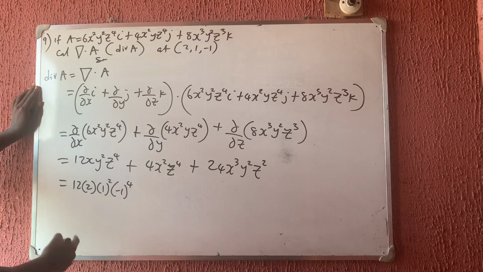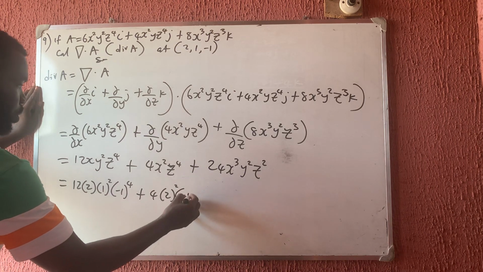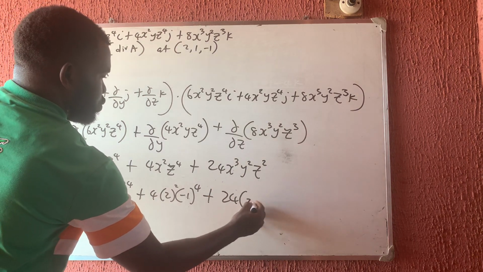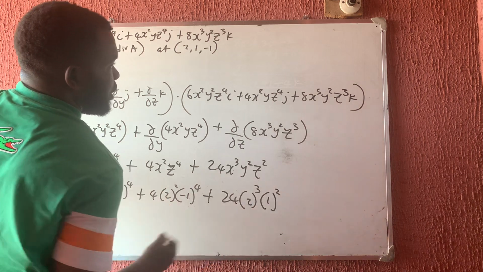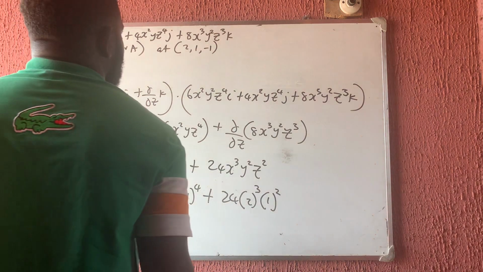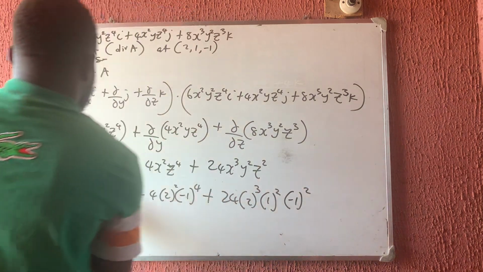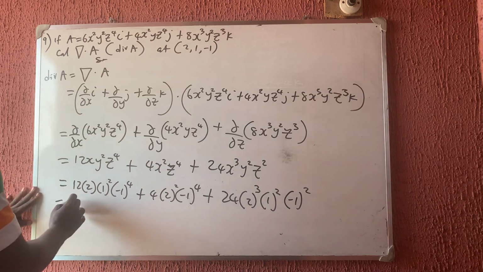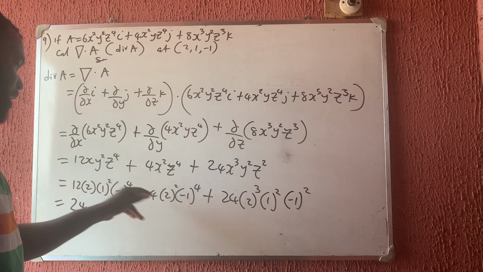raised power 4, plus 4 into 2 squared, then into minus 1 raised power 4, then plus 24 into 2 raised to power 3 into 1 raised to power 2, and then into minus 1 raised to power 2. So what do we have here? 12 times 2 is 24. What do we have here? 4 times 4, 16.